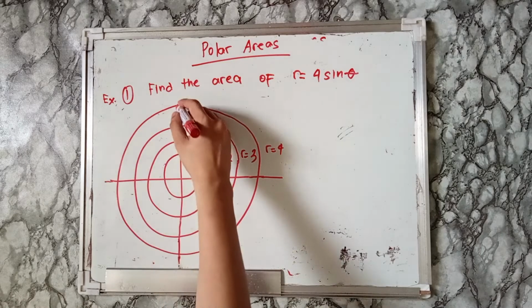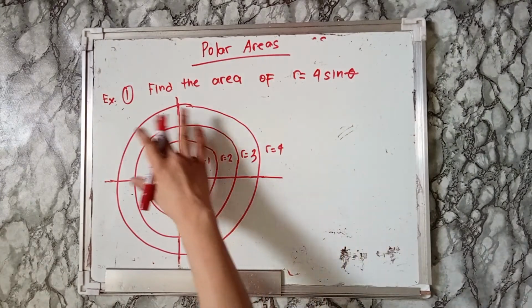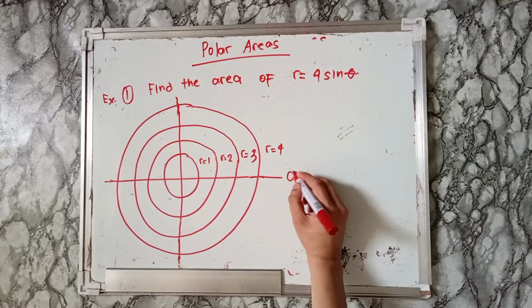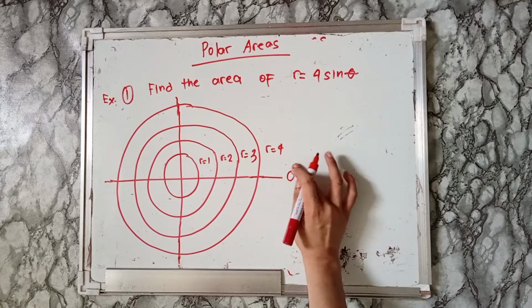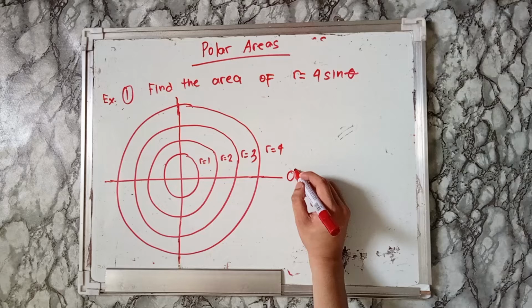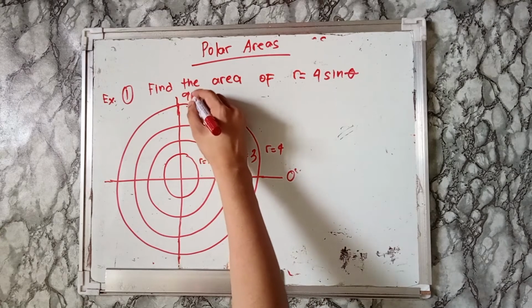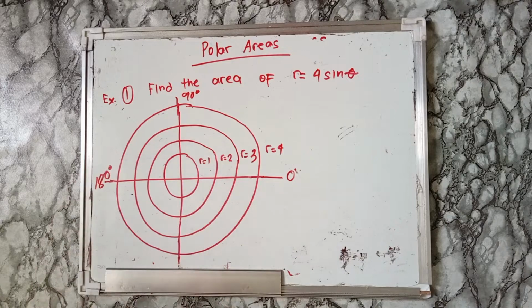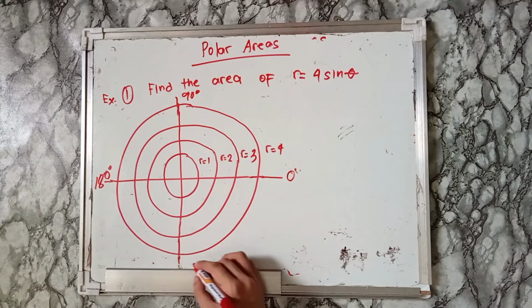Now, after that, we label the angles, or let's say degrees. So this is 0 degrees, this is 90, 180, and then 270, right?